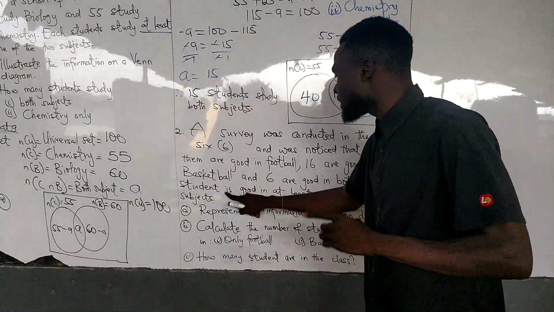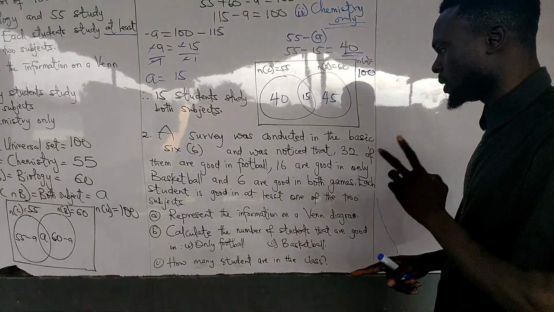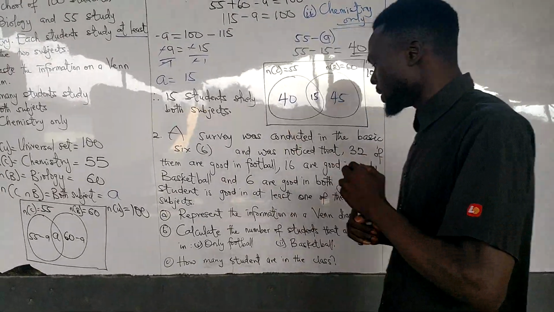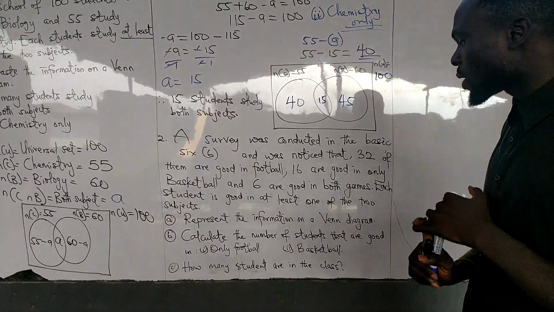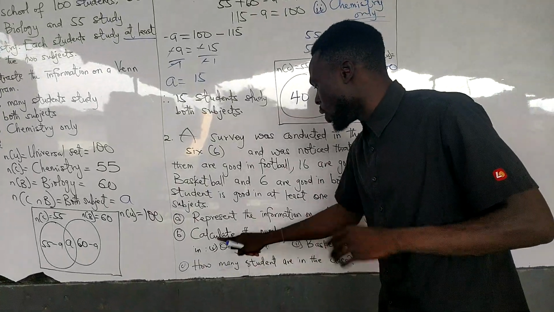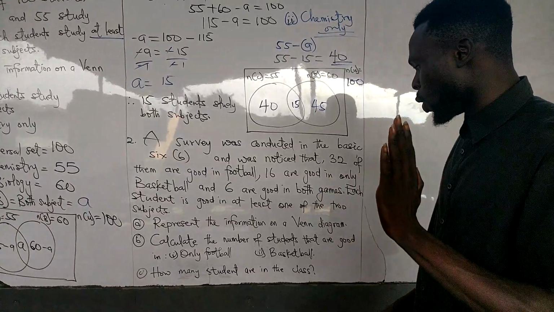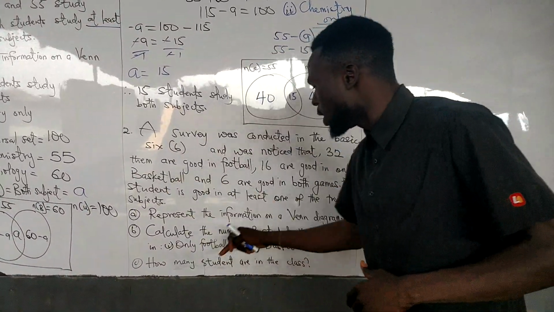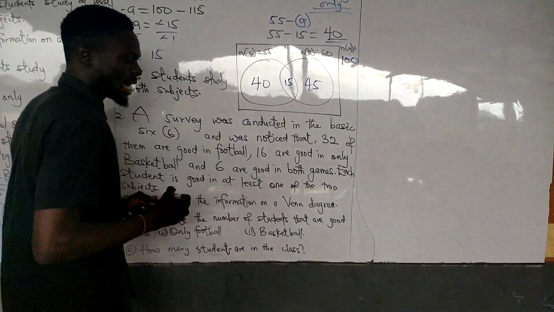Each student is good in at least one of the two subjects. A. Represent the information on a Venn diagram. B. Calculate the number of students that are good in I. Only football. II. Basketball. C. How many students are in the class?